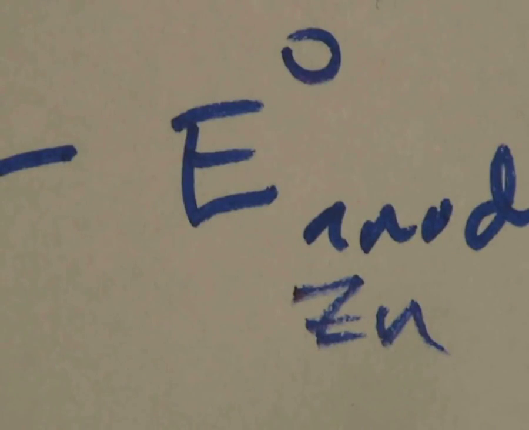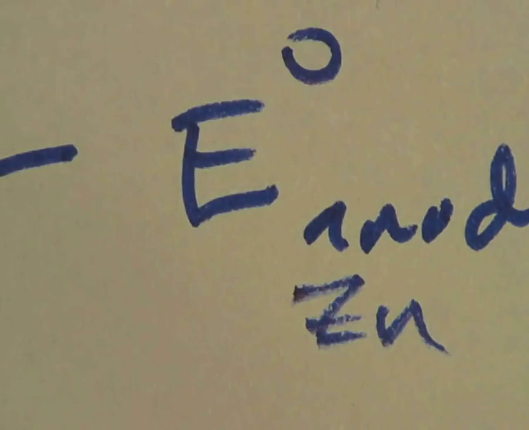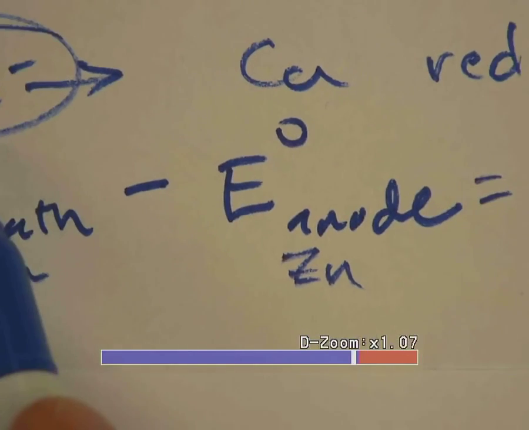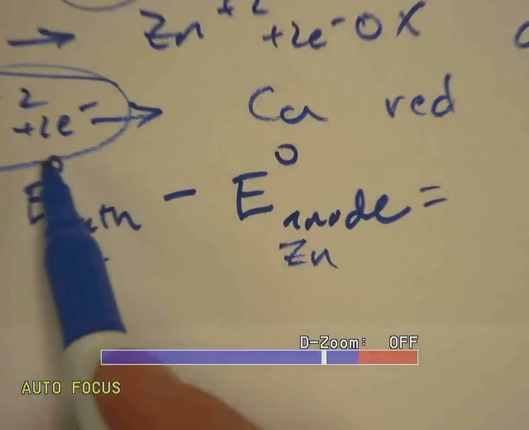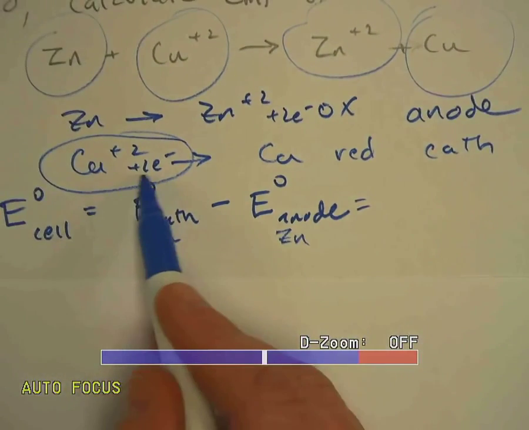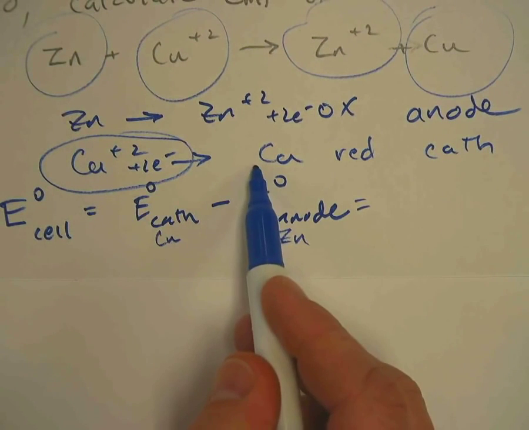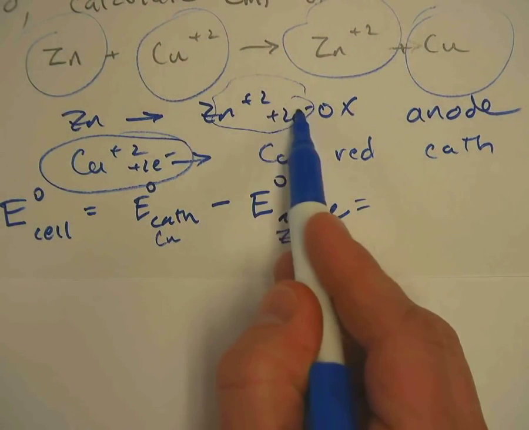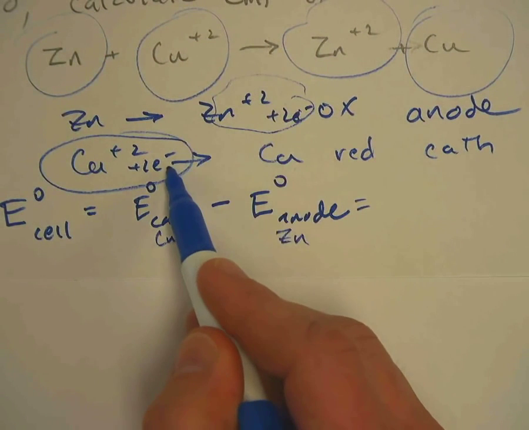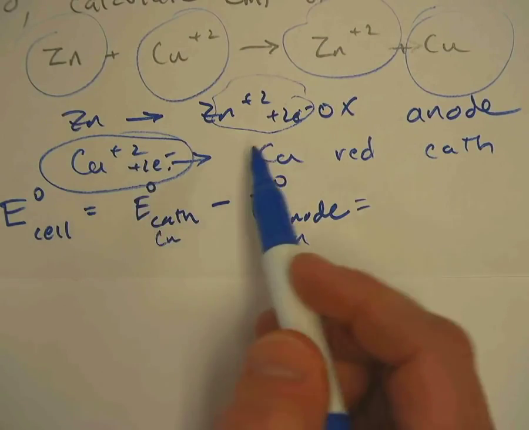Well, if you look at our half reactions here, and this is where it's really important to be able to balance a half reaction, notice we've got 2 electrons here, and we've got 2 electrons here. So we're looking at the copper plus 2 plus 2 electrons goes to copper. Notice how zinc is also losing 2 electrons, okay?